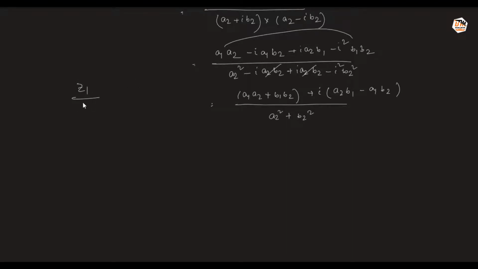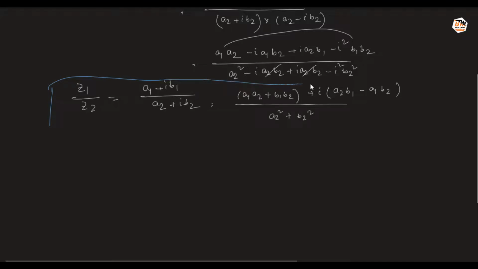So this is the formula of z1 divided by z2, which is equal to a1 plus i b1 divided by a2 plus i b2. So this is the formula for dividing.